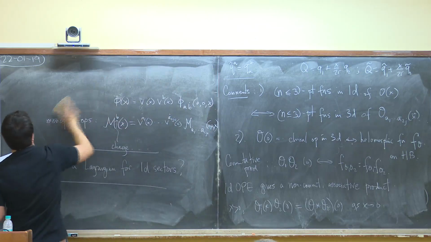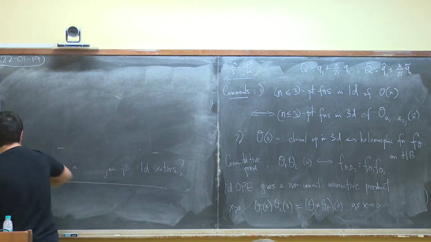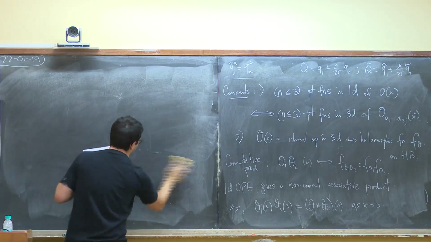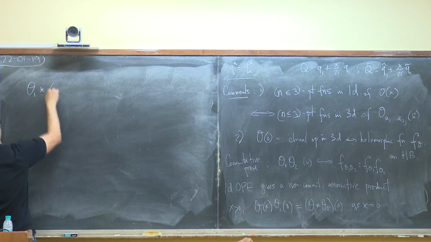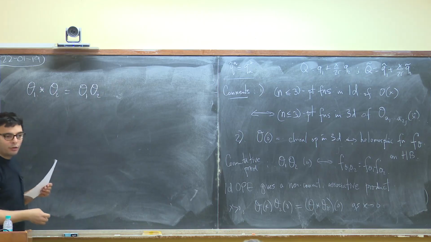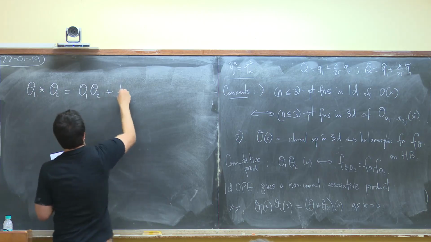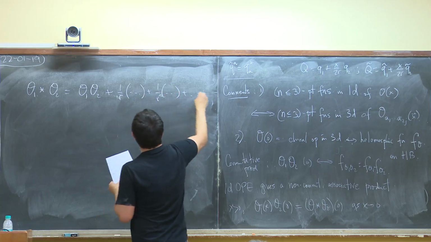And what does it look like? Well, it has an expansion in 1 over r. O1 star O2 is the regular product at leading order, and then there's a 1 over r term, and a 1 over r squared term, and so on.